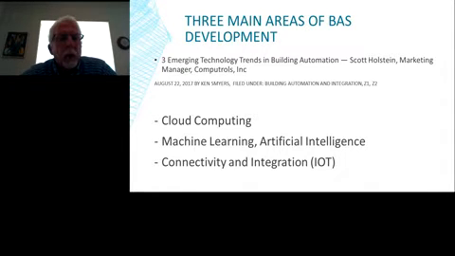And really what we're seeing now with smart buildings is 3 emerging technology trends in building automation: cloud computing, machine learning and artificial intelligence, and then connectivity and integration, or the Internet of Things.